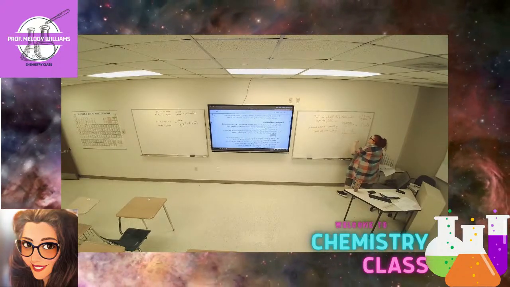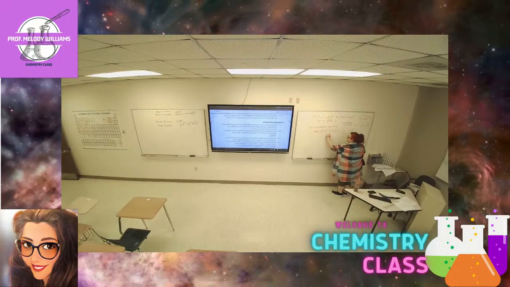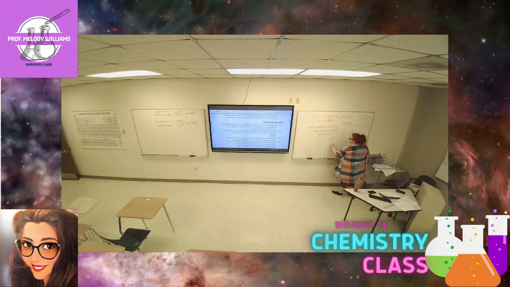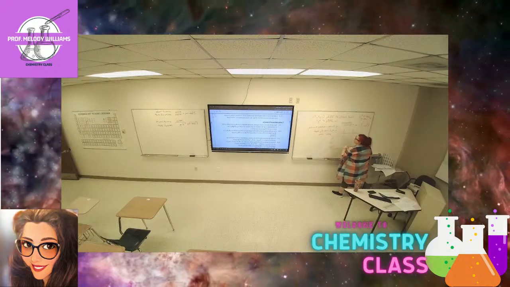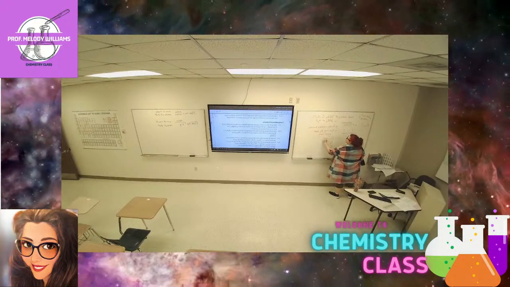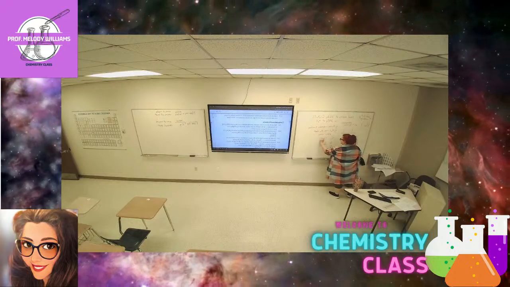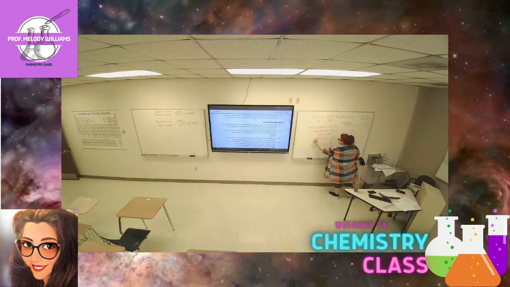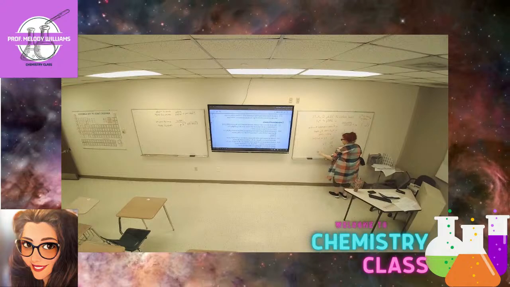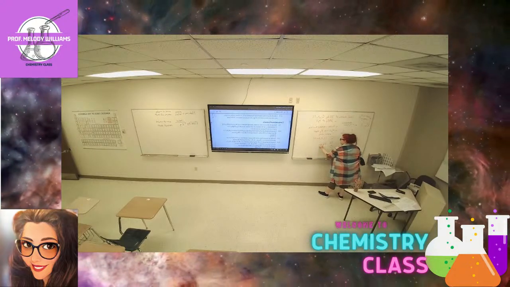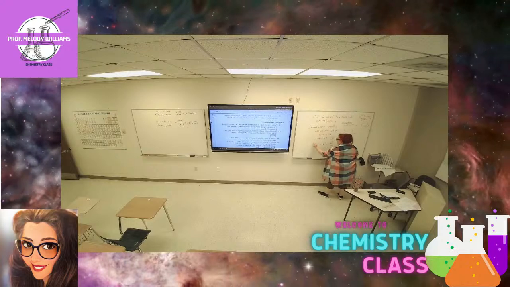Grams sucrose, molar mass, right? I'm going to write that over here. I've got a carbon, I've got a hydrogen, I've got an oxygen. I've got 12 of these, 22 of these, and 11 of these. I think that's right. This is 1.008.